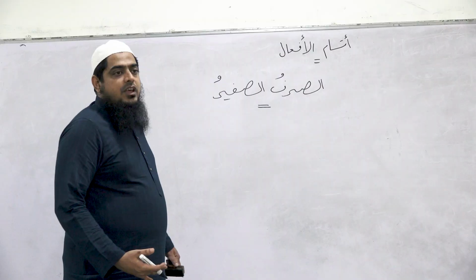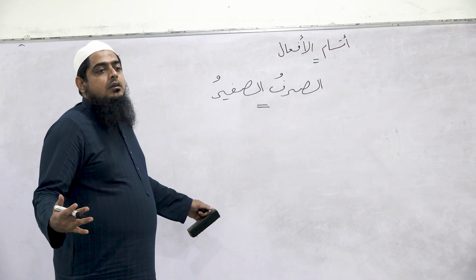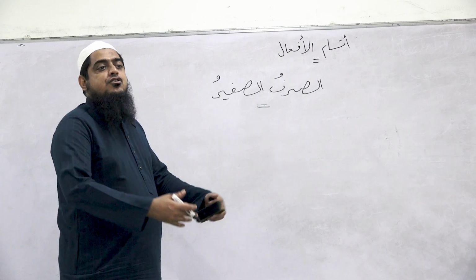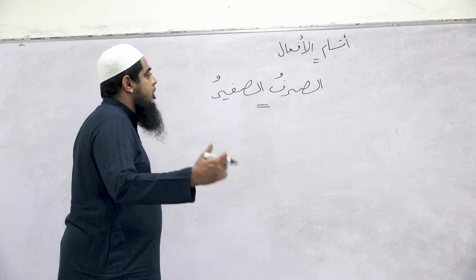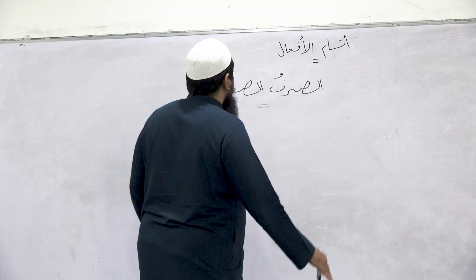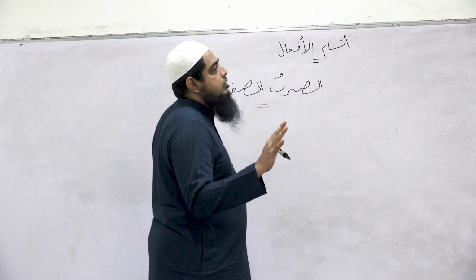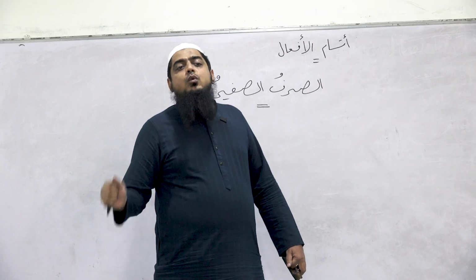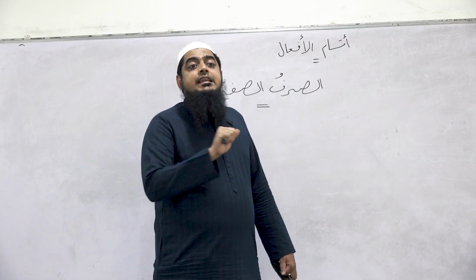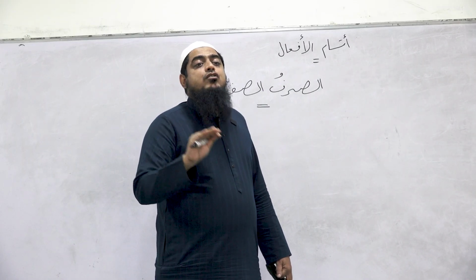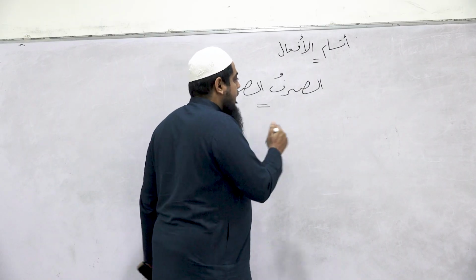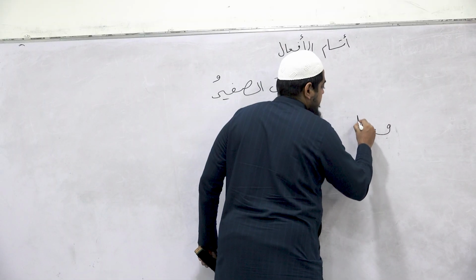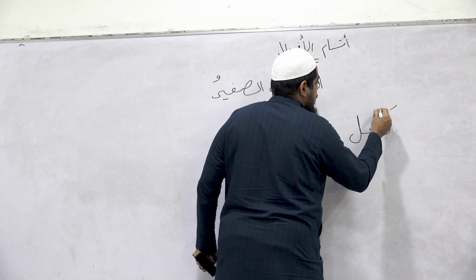So what is الصرف الصغير? It's a kind of formula, a kind of theorem, or a kind of string, if you have ever learned computer science. It is a formula where you can put any fi'l and you will learn its main or important varieties of conjugation. Let me write it to you. You have to memorize this. If you don't memorize this, then there is no use of studying sarf.